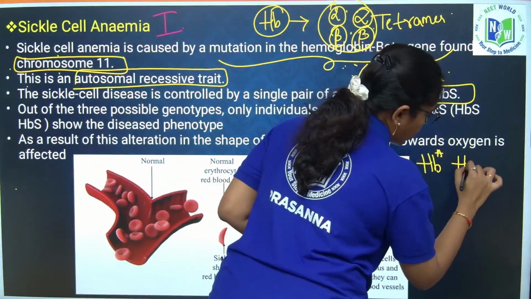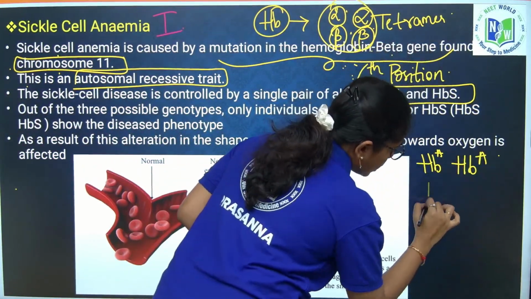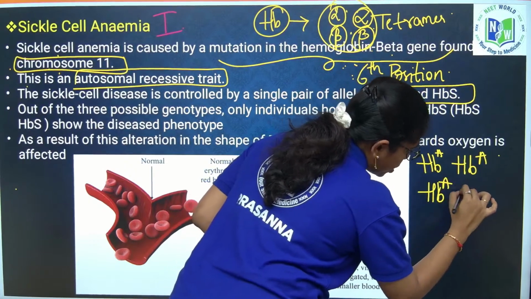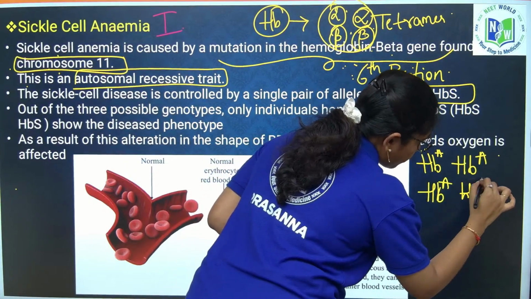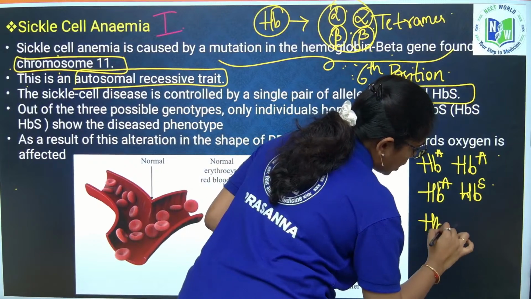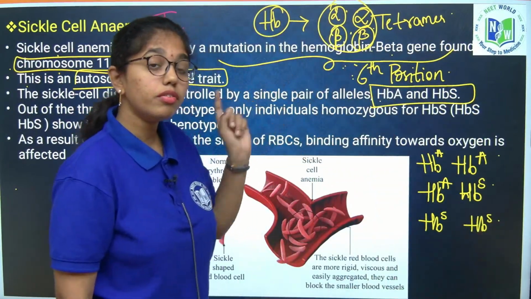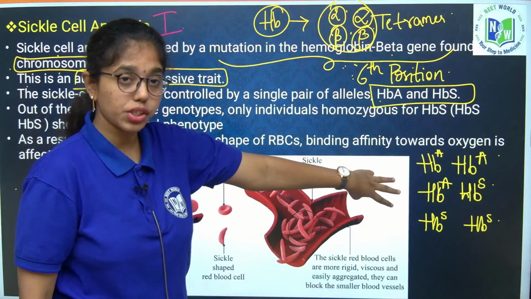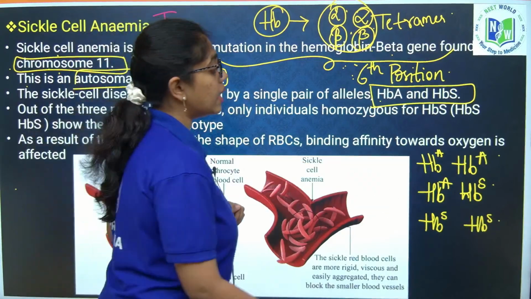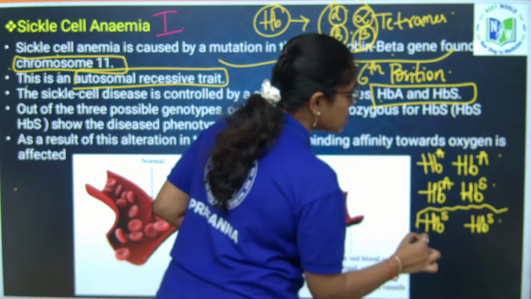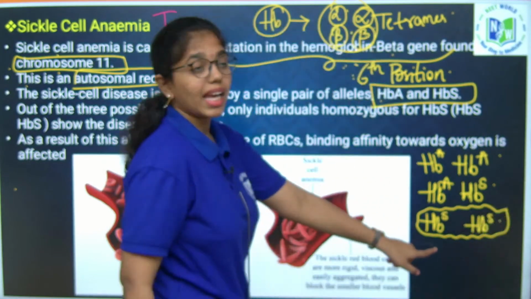This is the normal combination, this is the heterozygous condition, and this is the homozygous condition. As this is recessive, now you tell me in which condition the disease is seen. The disease is obviously seen in the homozygous condition.